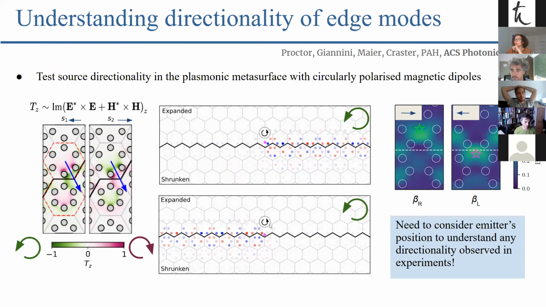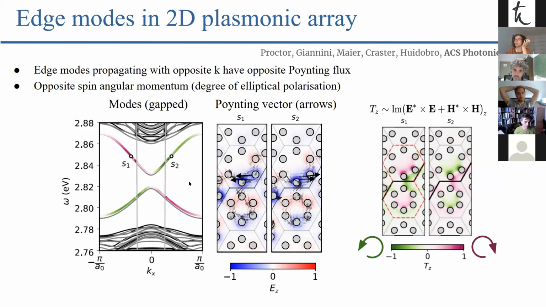Yes. So maybe the point with the analog here is that there is a spin mixing. It is difficult to couple purely to a mode that propagates only to the right or only to the left. That's what one would expect with a quantum spin Hall effect protected by time reversal symmetry.